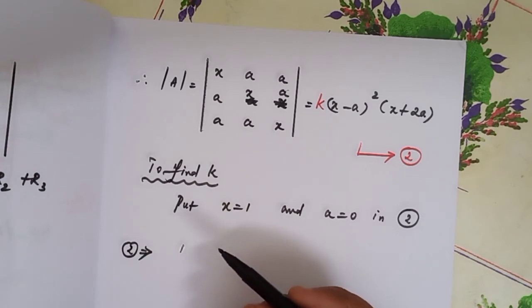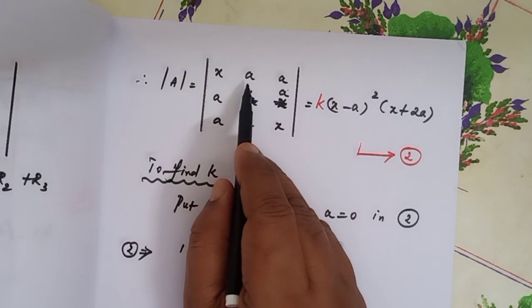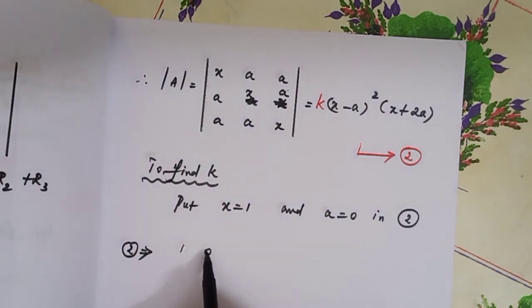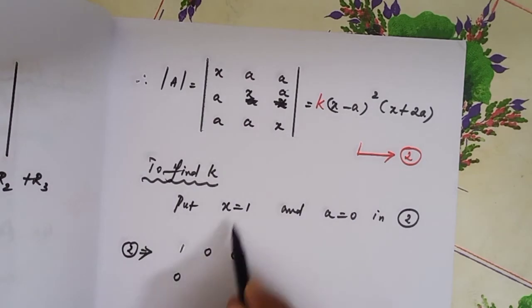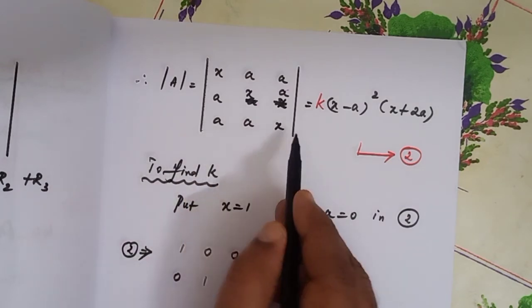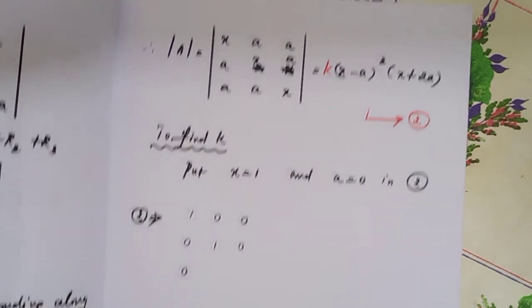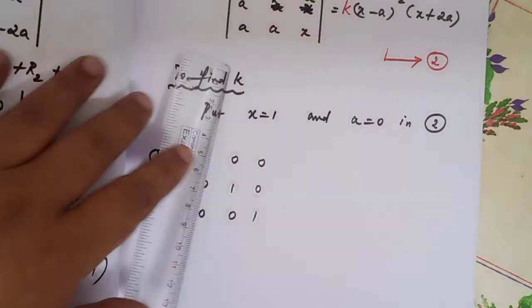Remember, it should not be 0. So the determinant becomes 1, 0, 0, 0, 1, 0, 0, 0, 1. Left hand side is completed.